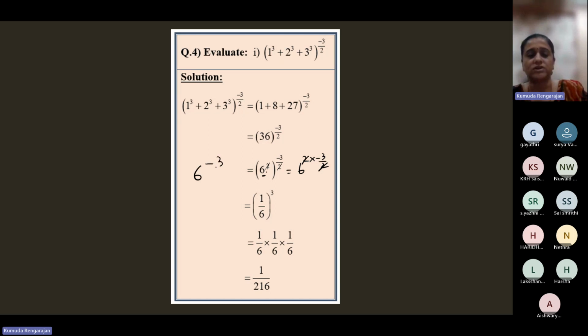When the power is negative, if you want to make it positive, take the reciprocal of the base. The base is 6, meaning 6 by 1. It becomes 1 by 6.